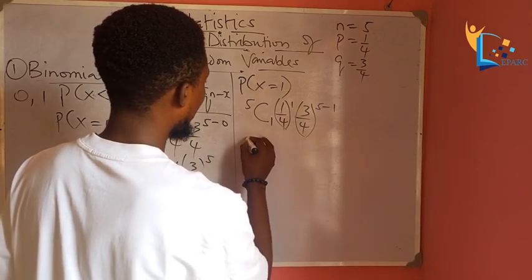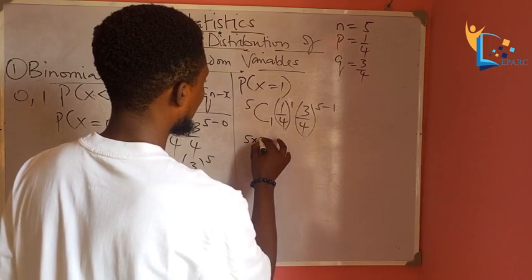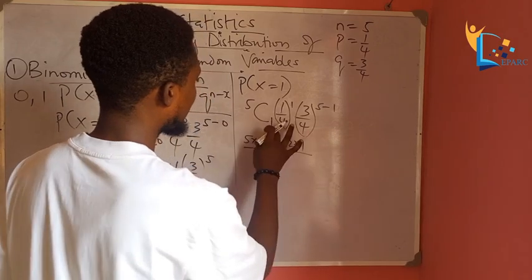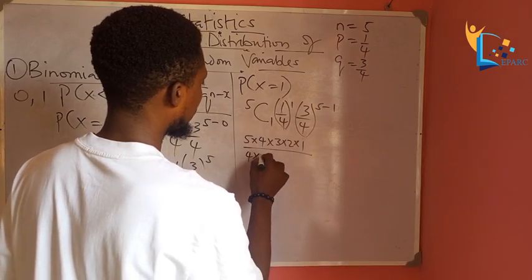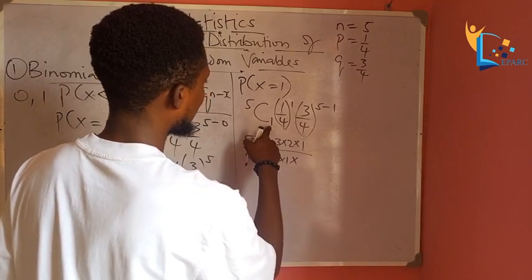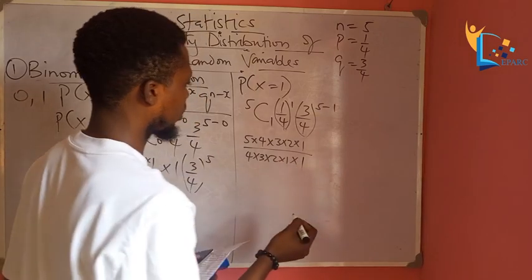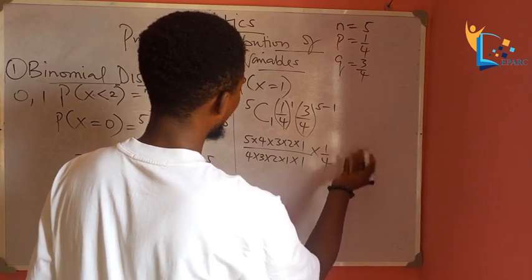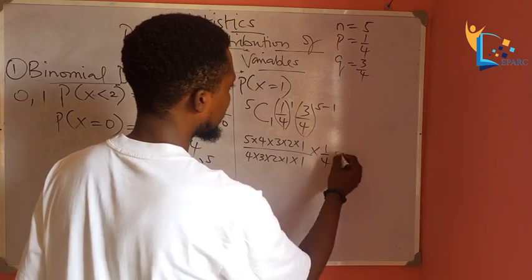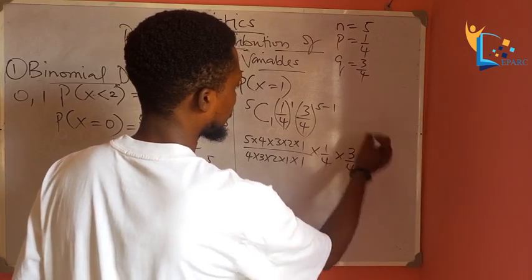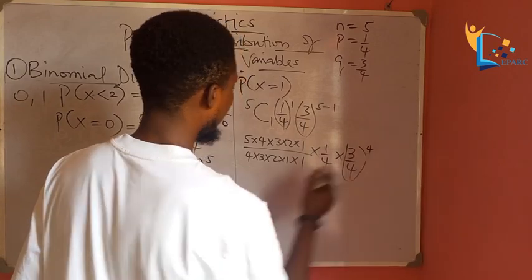So 5 combination 1 is 5 times 4 times 3 times 2 times 1 all over 5 minus 1 is 4, 4 times 3 times 2 times 1, times 1 over 4 raised to the power of 1, which is the same thing as 1 over 4, times 3 over 4, okay, raised to the power of 5 minus 1 is 4. Okay?